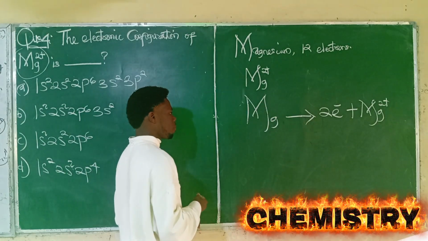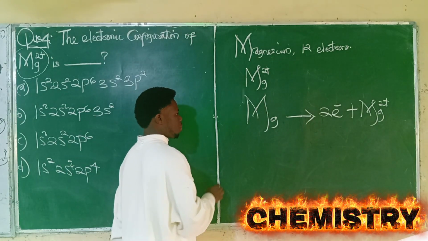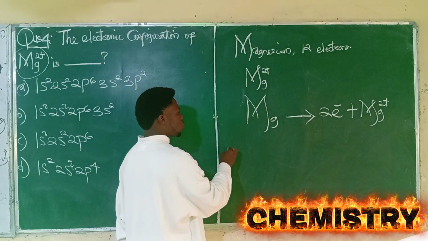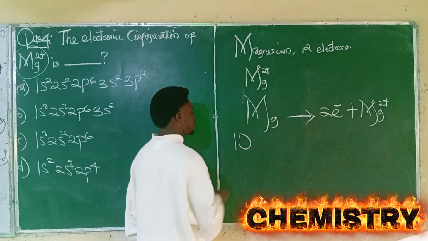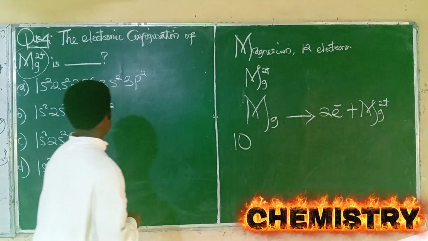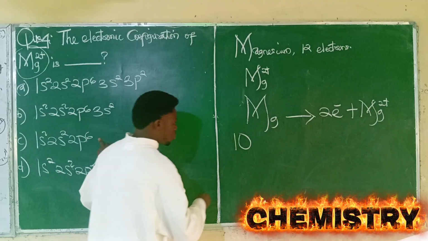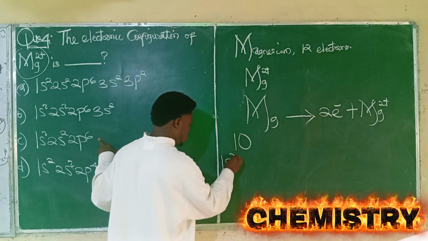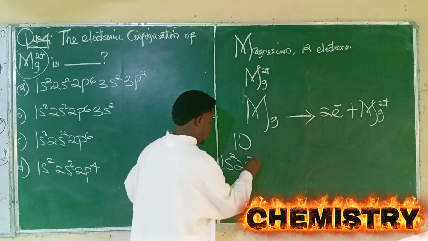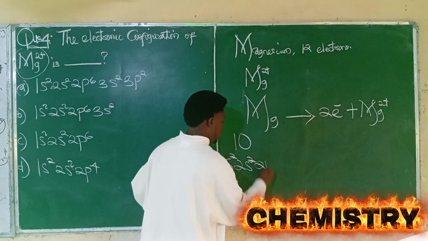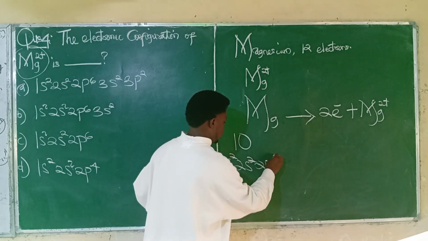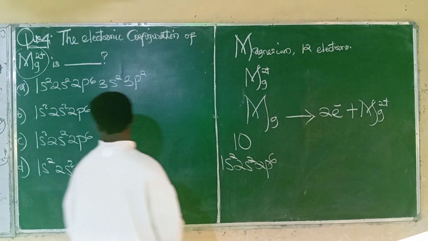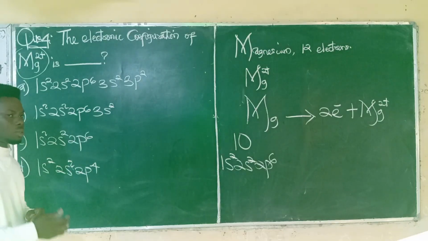So when magnesium loses the 2 electrons during chemical reaction, it will be left with 10 electrons. That is to say, the electronic configuration will become 1s2, 2s2, 2p6. And the correct option is option C.